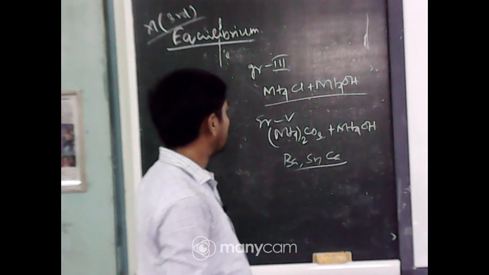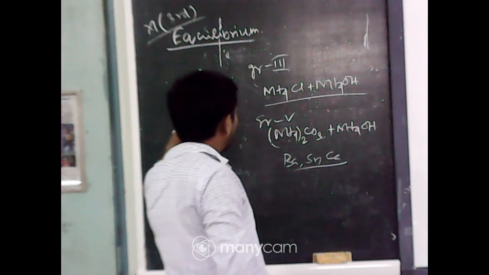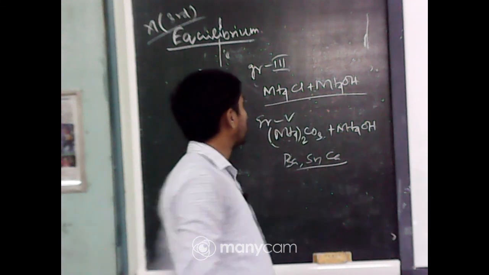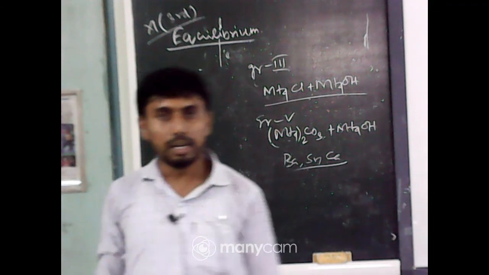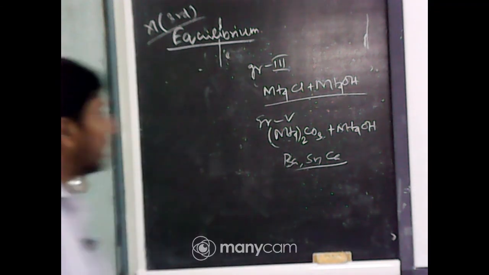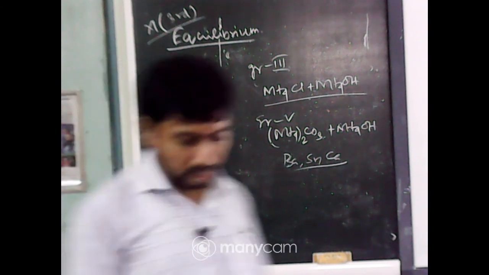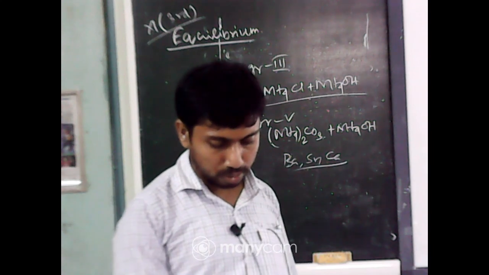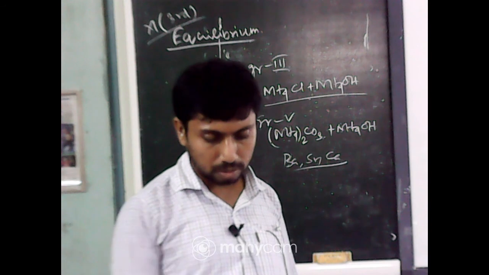Now, these are precipitated in the form of carbonate, whereas in group 3 they are precipitated in the form of hydroxide. So, we maintain a proper pH there, so that the precipitates come out in the correct form. So, next we have to move to some problems regarding the solubility product. Okay.